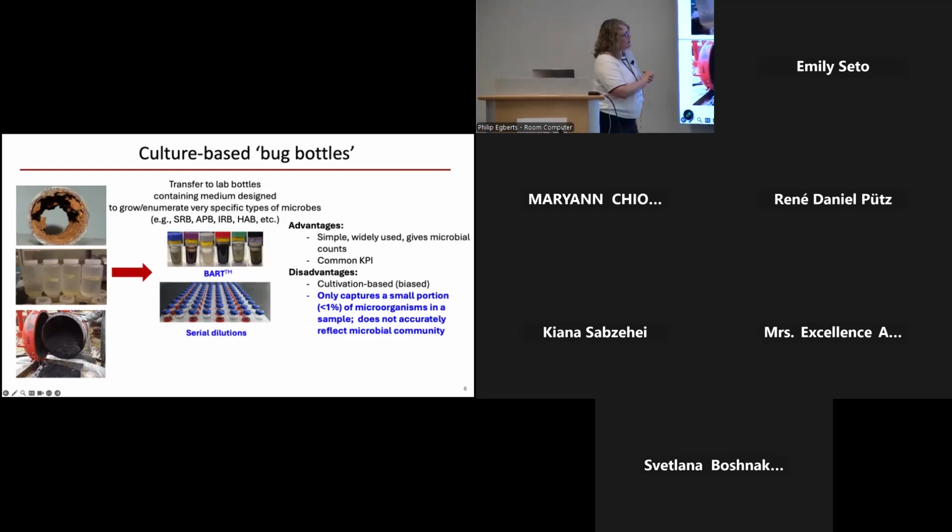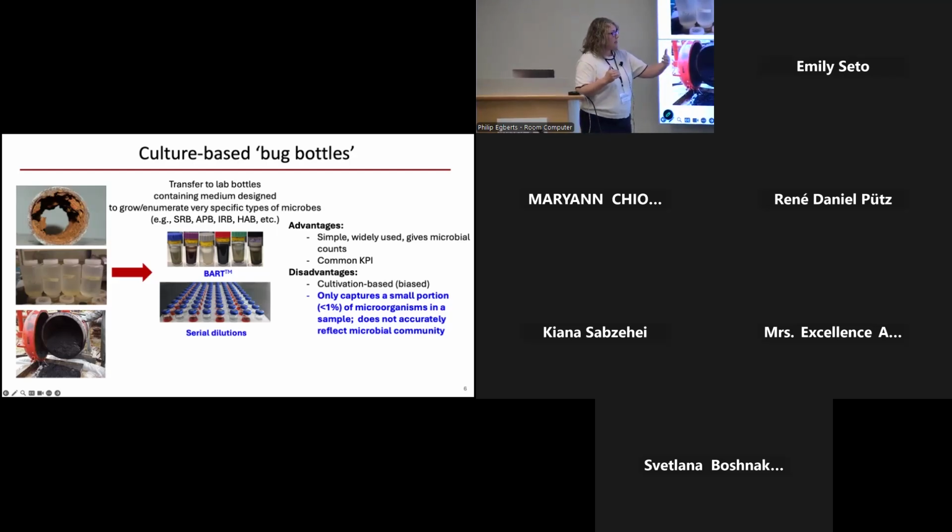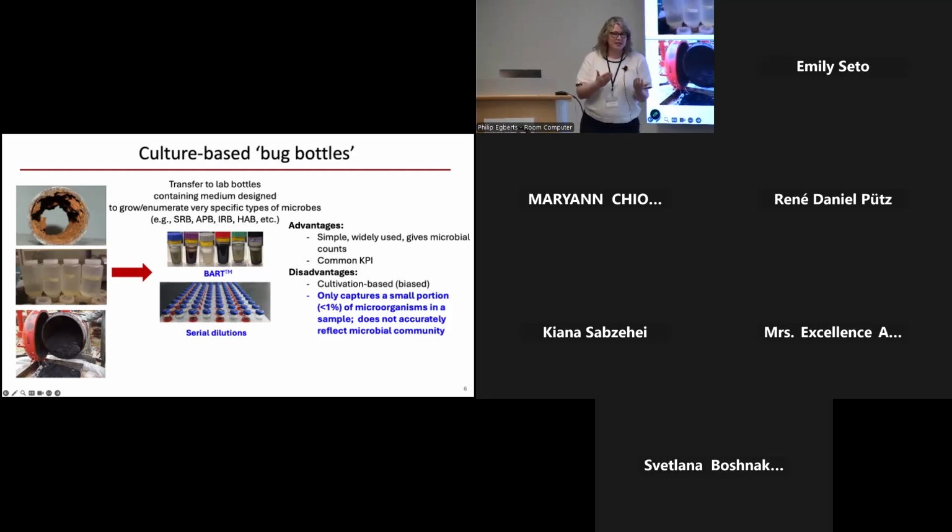And so some advantages of using these bug bottles is they're simple, they're widely used, they give microbial counts. And a lot of times when somebody is monitoring a system for microorganisms, they have a number. We talked about how numbers are really not that important, but that's a KPI for them, a key performance indicator. So let's say you have a water system where you do this bug bottle test, you have 10 to the 6 bacteria per mil, and you have no problems, right?